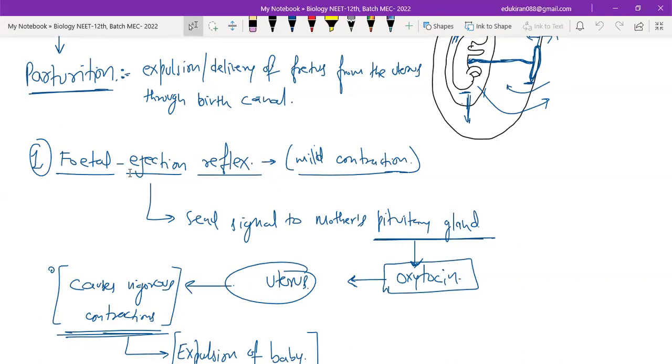If you're speaking, you're not audible, Rifat. Now you're audible. Continue. Parturition means delivery of the fetus.